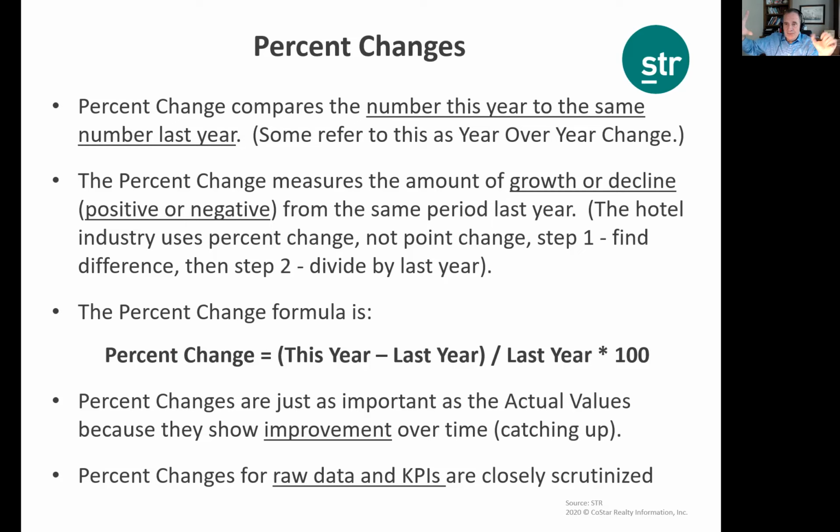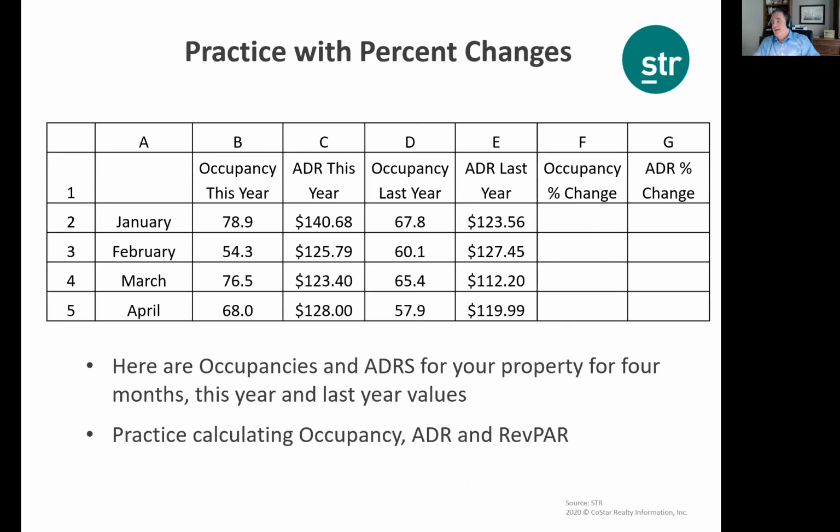That's in the parentheses. Step 2, we divide it by last year. So the parentheses enforce the order of operations, and that's critical if you're putting that formula into Excel. Now, if you're just using your calculator, you're going to do that in a step 1, step 2 situation anyway. So that's very easy, and you won't necessarily need the parentheses.